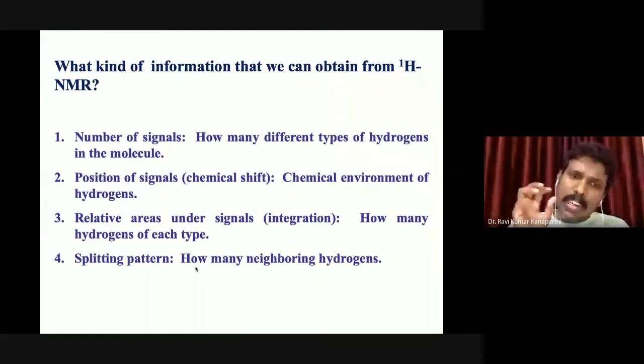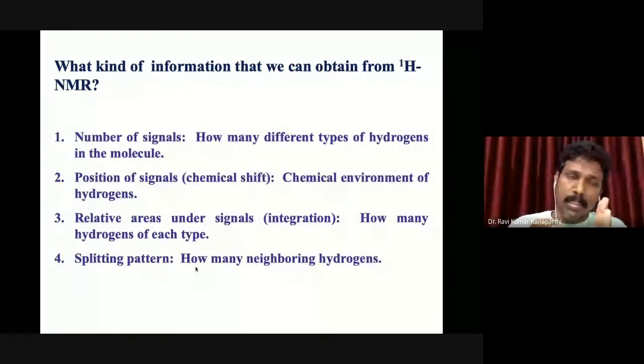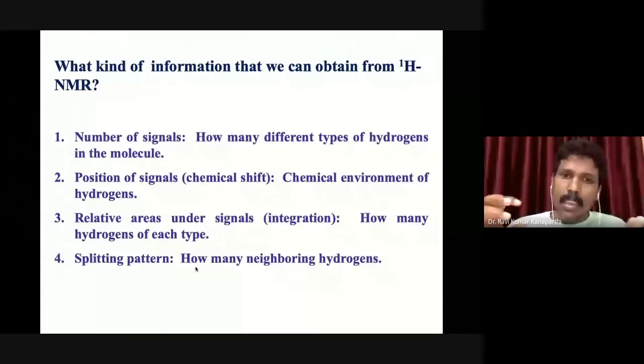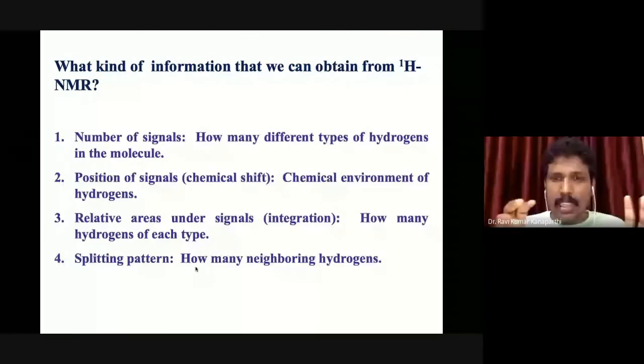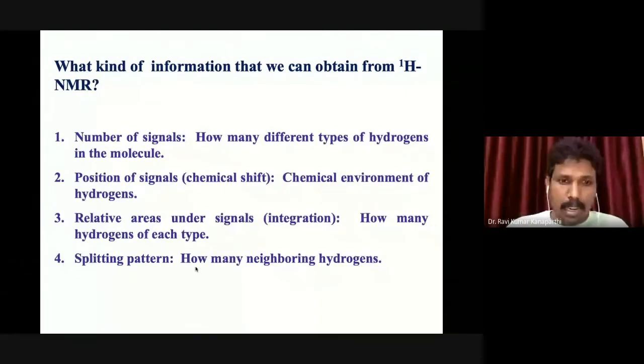So based on the splitting pattern, one can also tell that, okay, you just concentrate on a particular NMR peak, and if it is a triplet, for example, then how many hydrogens are present on the neighboring carbon atom or neighboring atom, that information we can basically obtain from the splitting pattern.